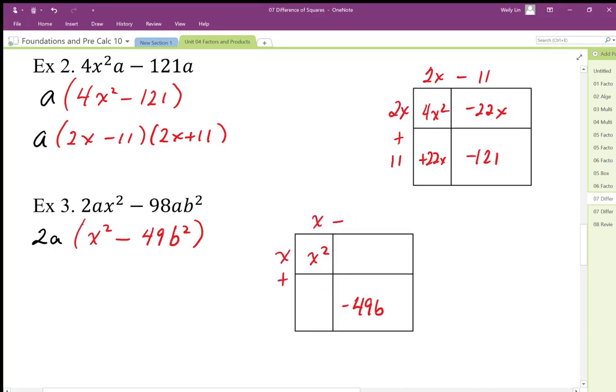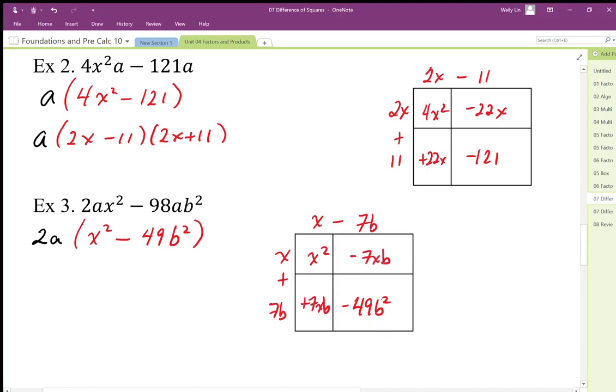To figure out what terms give us this length here and this length here, that gives us a 49. It has to be symmetrical again, because these need to cancel out. So I need 7b here, and 7b here. So we have positive 7xb, negative 7xb here.